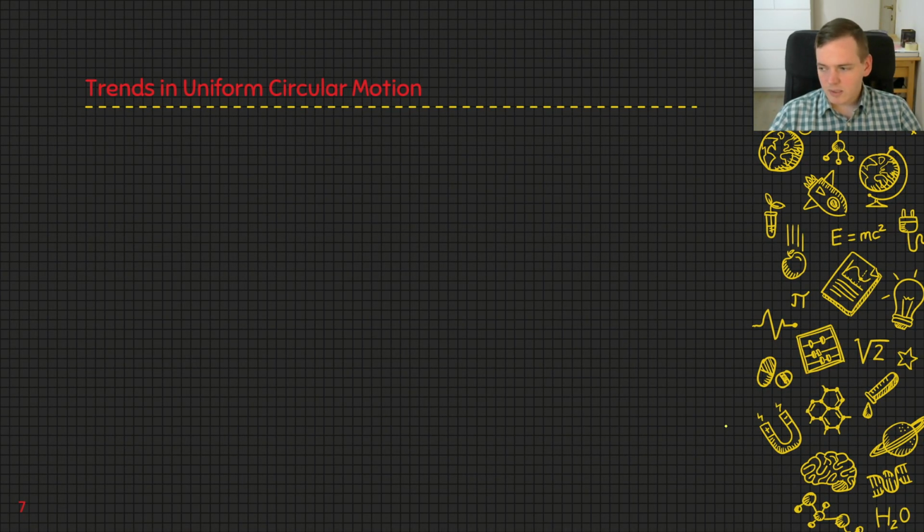So a couple of trends that we need to note. If you remember, we had the equation F_c equals m a_c equals m v squared over r.